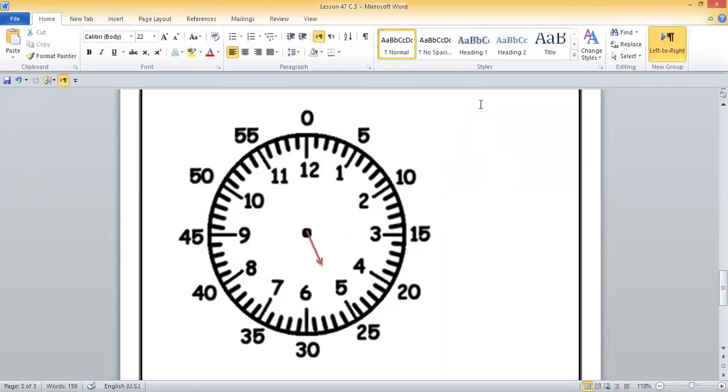Now, can you tell me the hour? 5 o'clock. Very good. The answer is 5 o'clock. Why 5 o'clock? Because it has not reached 6. So you will say 5 o'clock. That's very good.